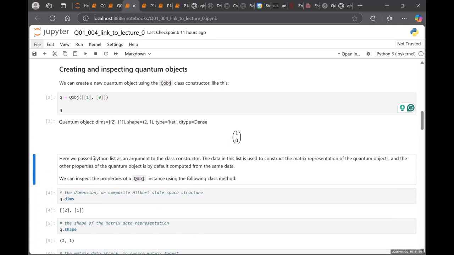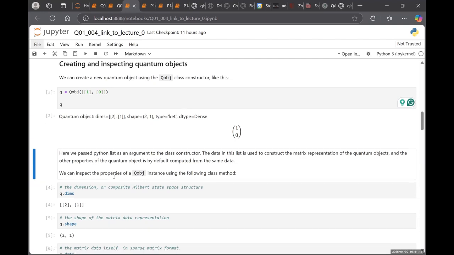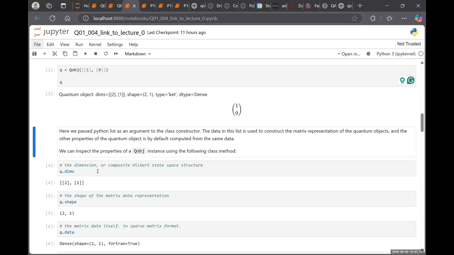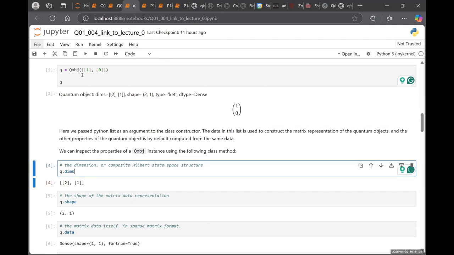Okay, so you could use a list in Python as an argument to this class constructor. It gets the data, and this list is used to construct a matrix representation object and other properties. Okay, so this is saying you could also do other things.